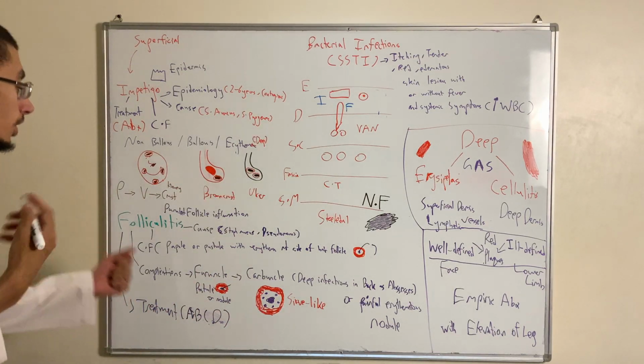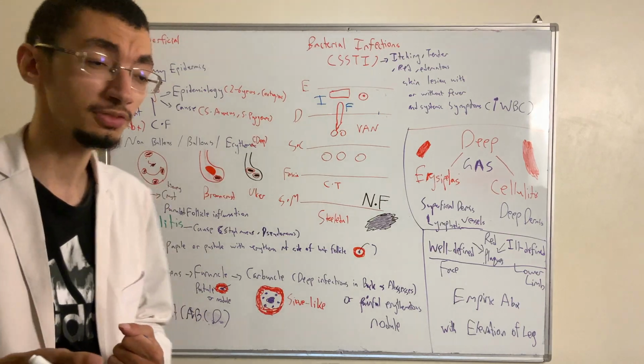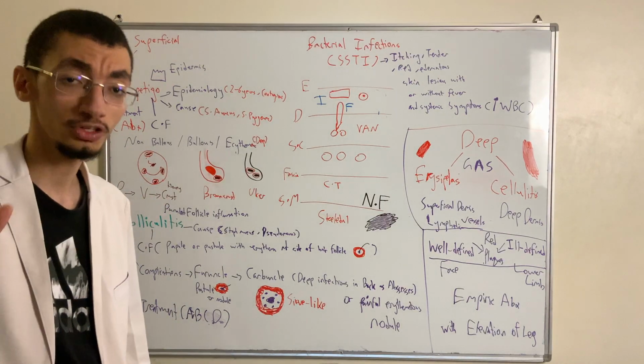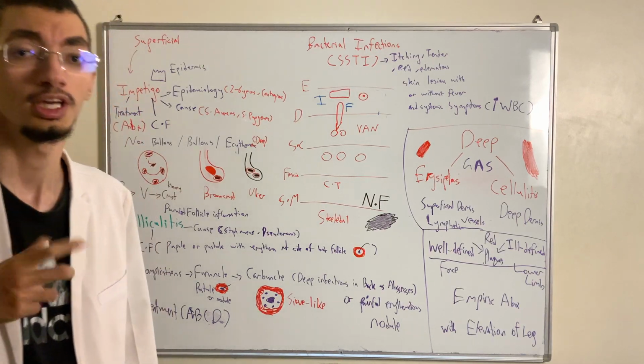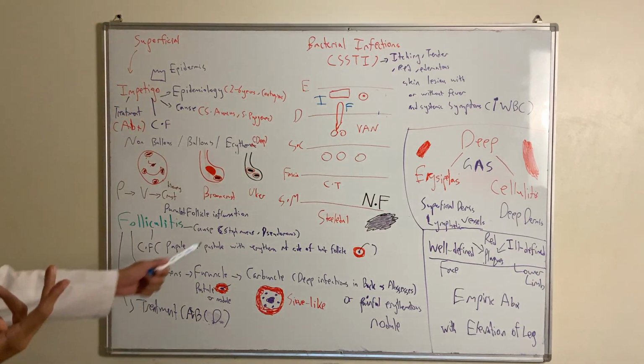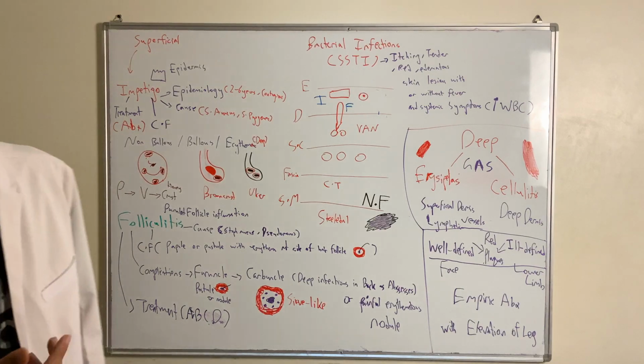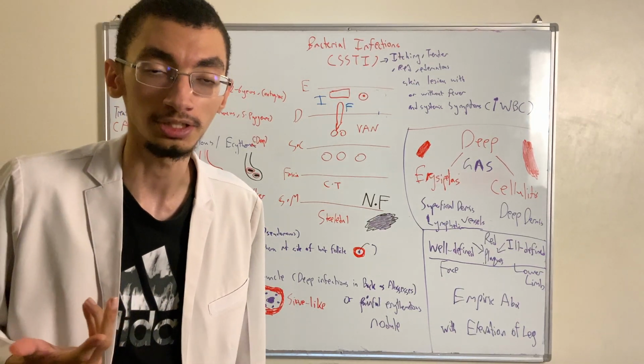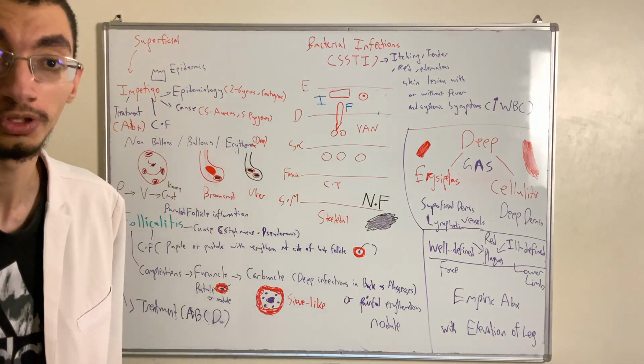All right, and the cause of it is basically the same causative agents that we mentioned from above, like Staph aureus. Staph aureus is by far the most common cause of folliculitis. But there are other bacteria such as Pseudomonas. Pseudomonas, you might find it in a specific type of folliculitis known as hot water folliculitis or hot bath folliculitis.